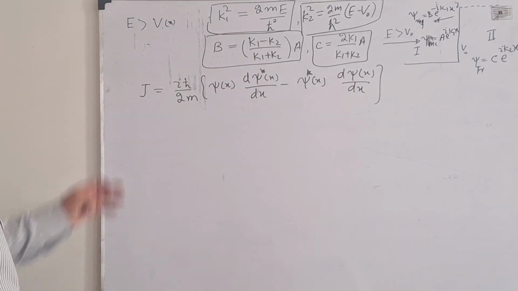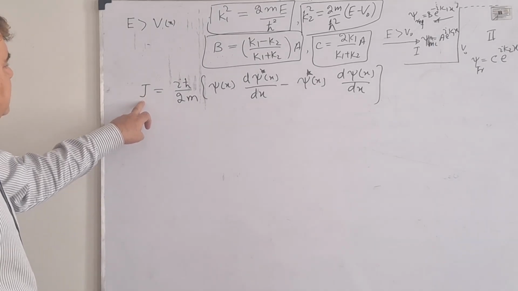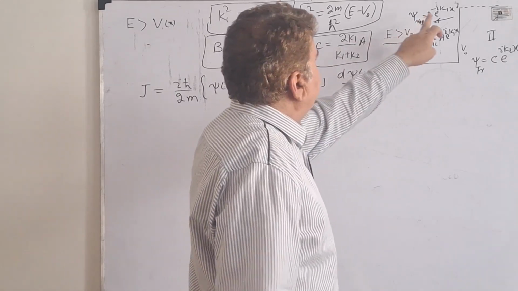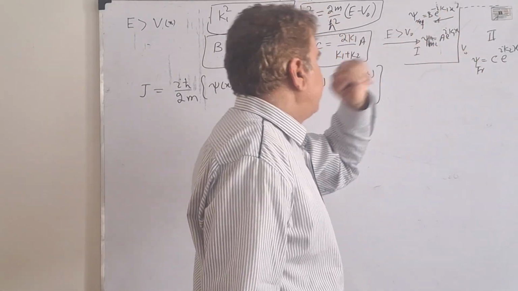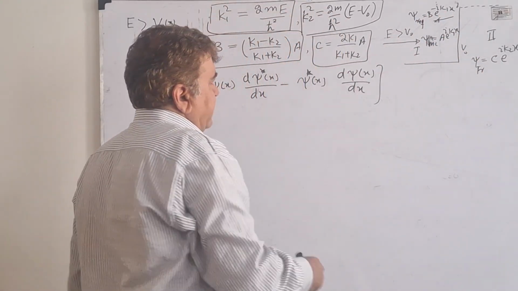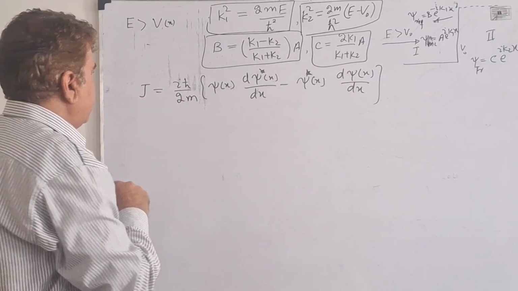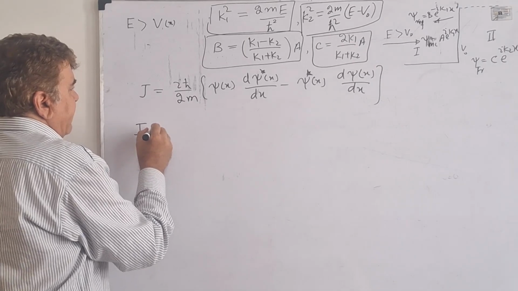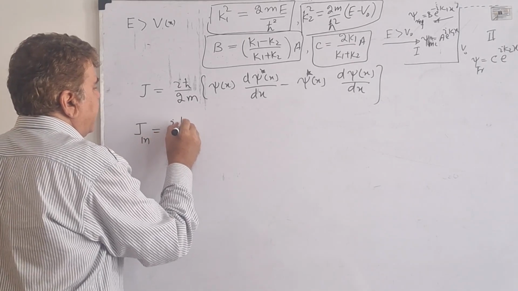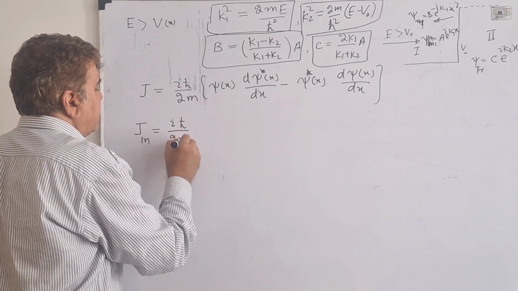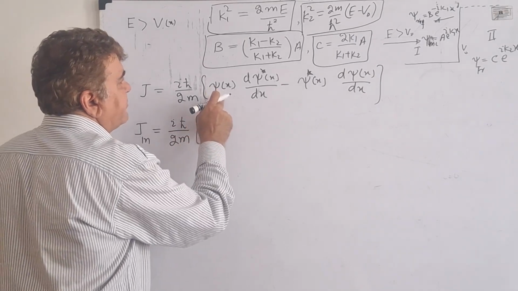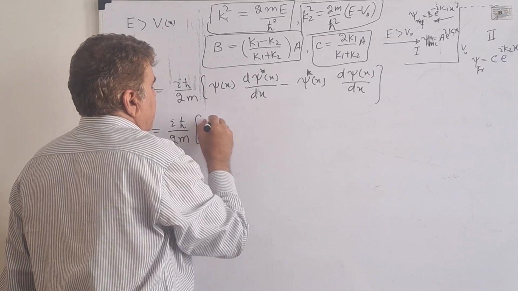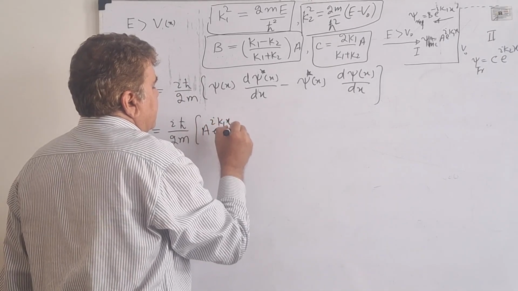Now I can find the probability current density for the incident wave, for the reflected wave, and for the transmitted wave. I want to do that just for the incident wave first. So for the incident wave, I get J incident equals iota h bar divided by 2m into the value of psi x, which is A times exponent iota k1x.